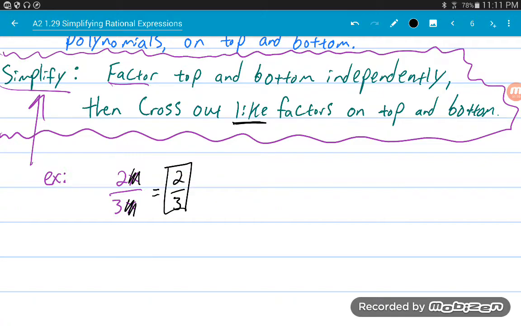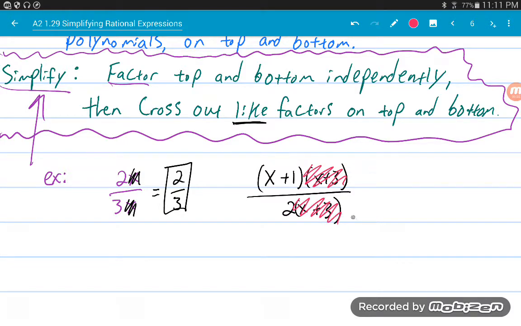If I had to simplify something more complicated, like (x plus 1)(x plus 3) over 2(x plus 3). You'd say, what's the same on the top and the bottom? Well, the x plus 3 is here, and the x plus 3 here.